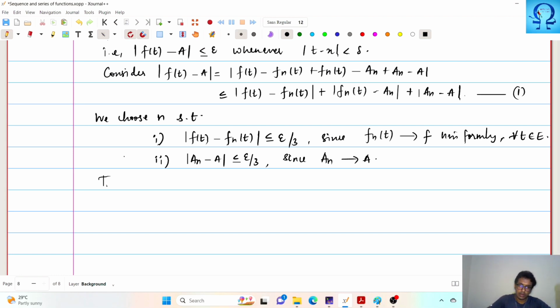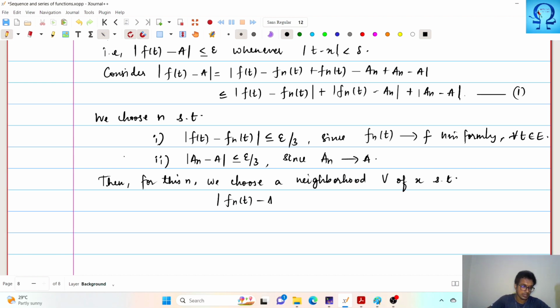Now what we are going to do is, for this particular chosen n, we choose a neighborhood, which we call v of the point x, such that absolute of fn of t minus an is less than or equals epsilon upon 3 if this t is a member of v intersection E and this t is not the same as x.